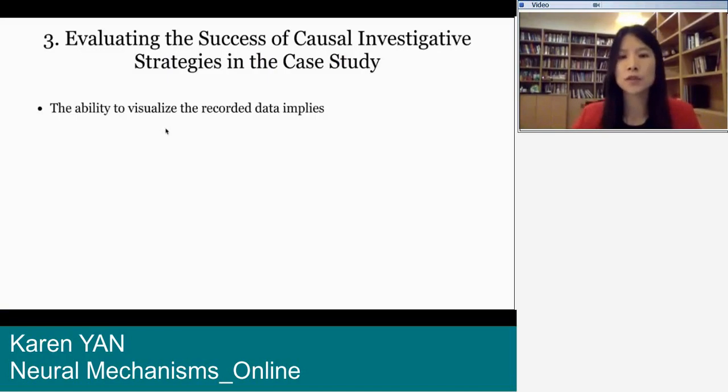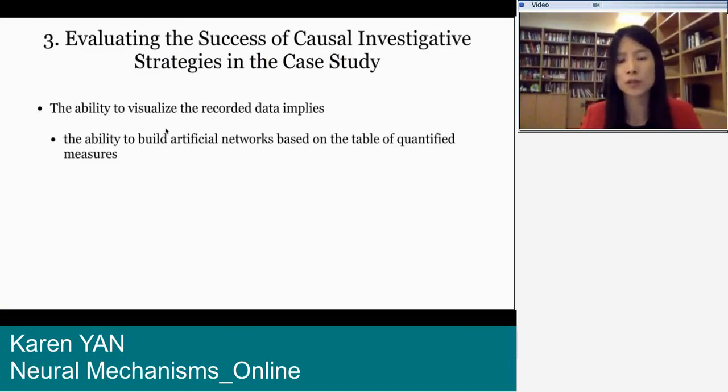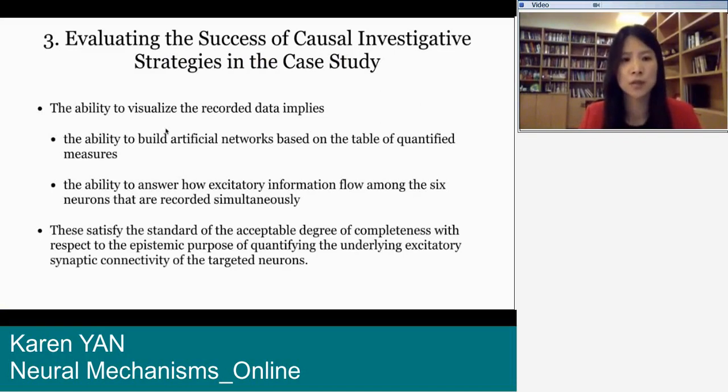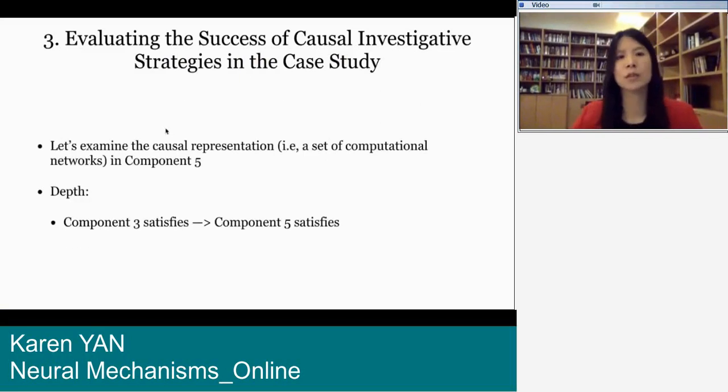So their ability to visualize recorded data in fact implies their ability to build an artificial network based on the table of quantified measures, and their ability to answer how excitatory information flows among the 6 neurons recorded simultaneously. So in this case, that also satisfies the acceptable degree of completeness with respect to the epistemic purpose of quantifying the underlying connectivity.